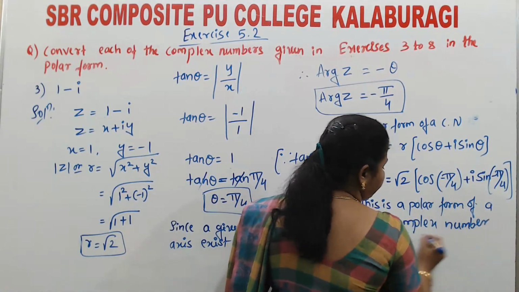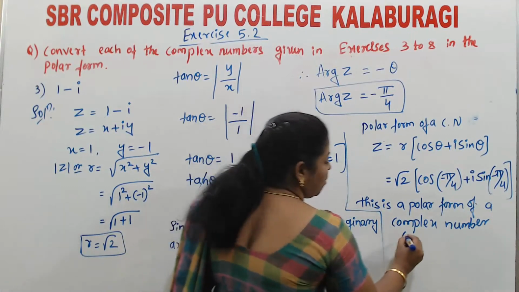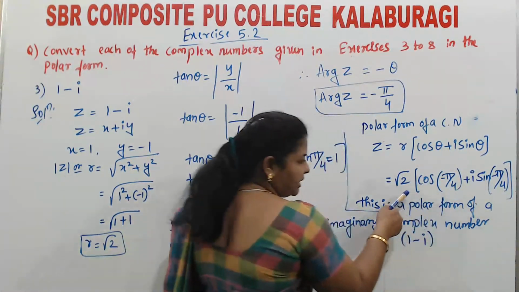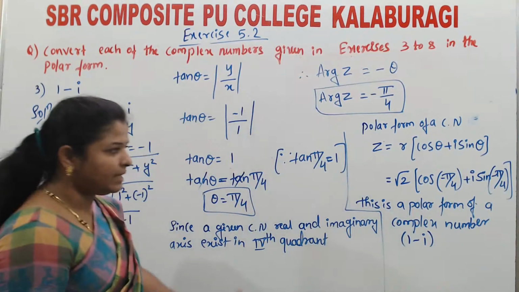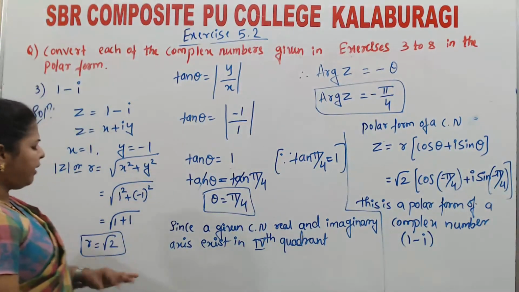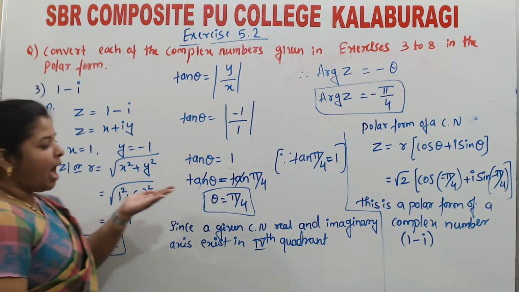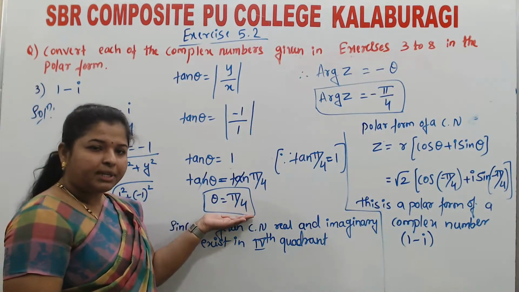What is our given complex number? Given complex number is 1 minus i. This is the polar form of the given complex number 1 minus i. Is it clear? Okay. Already we know how to find r and how to find the value of theta.